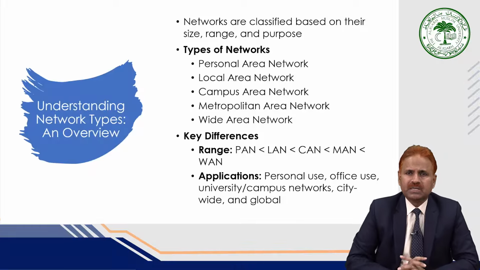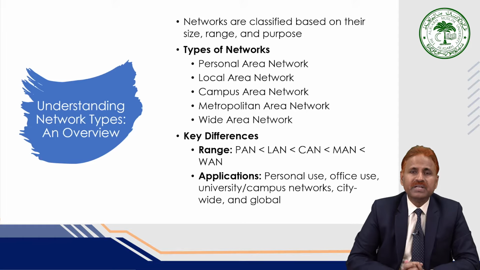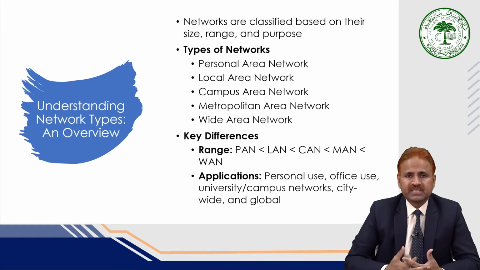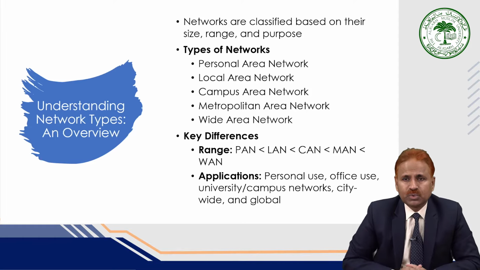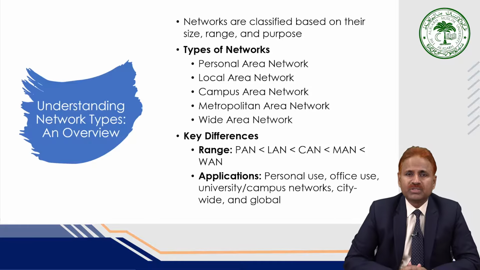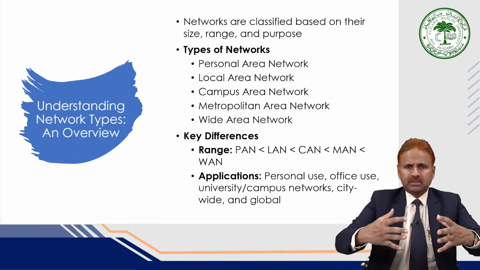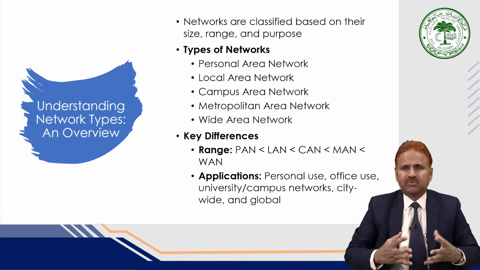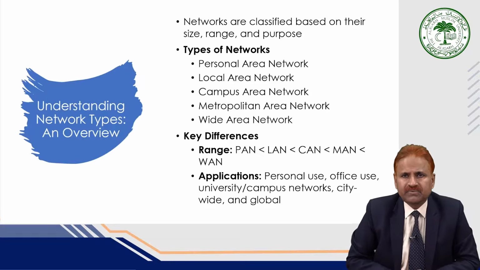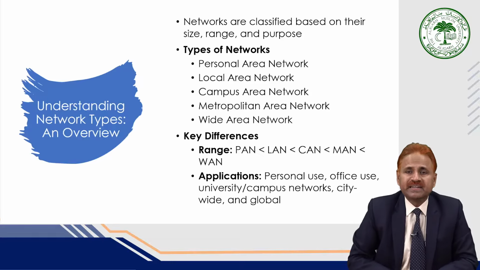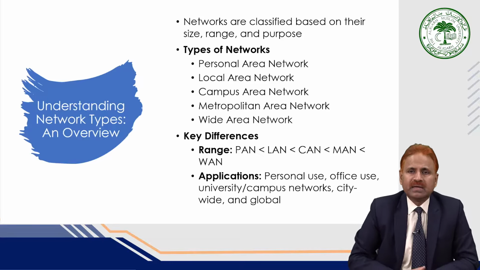Before I proceed further, we would like to have a brief introduction about various kinds of networks. Networks are classified based on their size, range, and purpose. Depending on the geographical span of the network, we can classify computer networks as personal area network, local area network, campus area network, metropolitan area network, or wide area network.